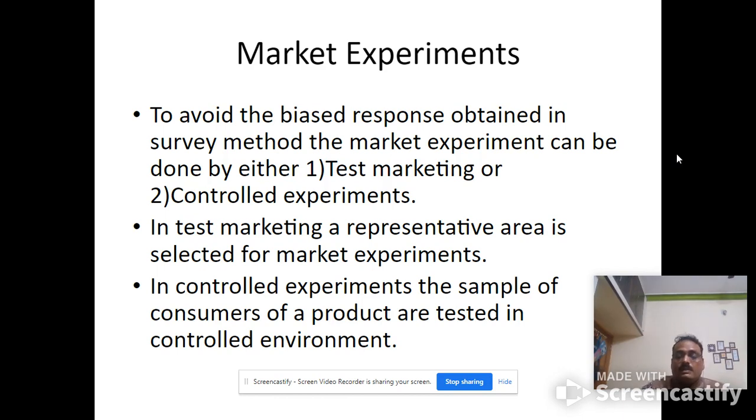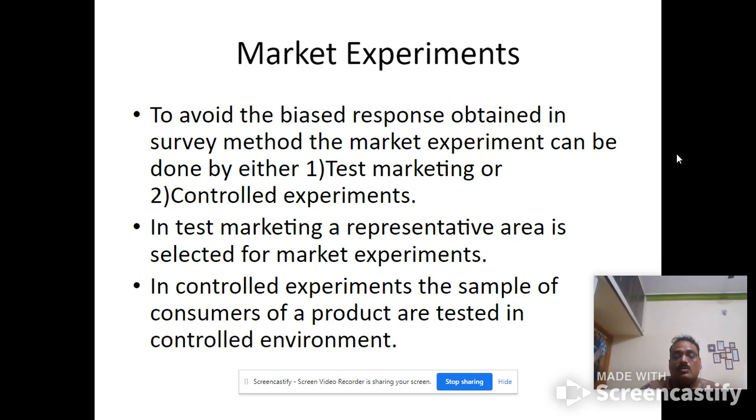But in the controlled experiment, we go for certain people who act like representatives of all the potential consumers in the market. We call them to a particular kind of market environment. We can also give them some money, and we can also ask them to show their response when they will be seeing there are certain changes in the market conditions. So deliberately we control the market conditions.